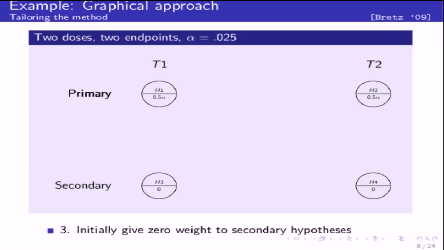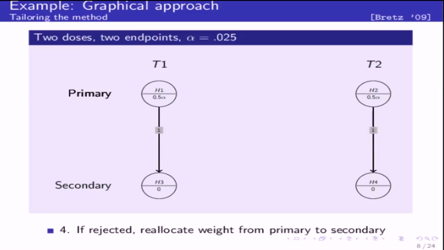And as we also said, we don't want to test the secondary when the primary has not been rejected. We give initially 0 weight to the secondary endpoints. And now if you look at the nodes, you see we have split the alpha between H1 and H2, and no alpha is given to the null hypothesis of the secondary endpoints. Now I click again.